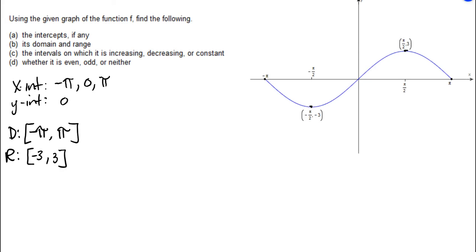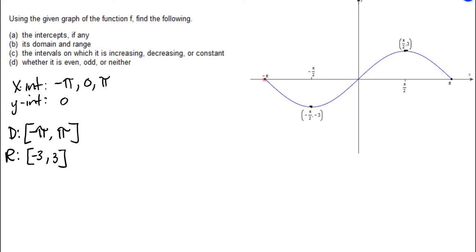The next part says to find intervals for which the graph is increasing, decreasing, or constant. So what I like to do with this is I like to trace the graph from left to right. As I'm tracing, I'm taking note of whether the y values are increasing or decreasing.